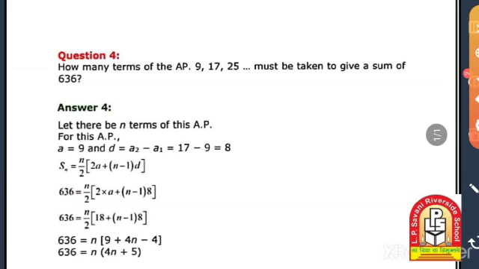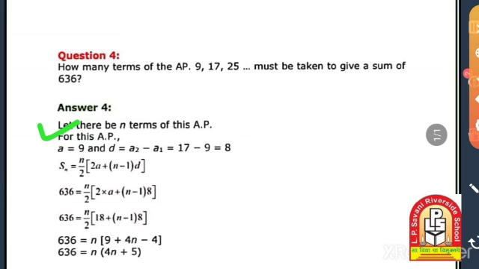Question number 4. How many terms of the arithmetic progression 9, 17, 25 must be taken to give a sum of 636? First of all, let there be n terms of this arithmetic progression.